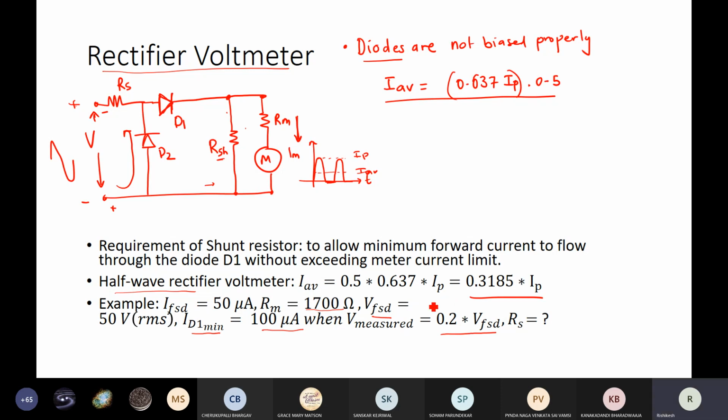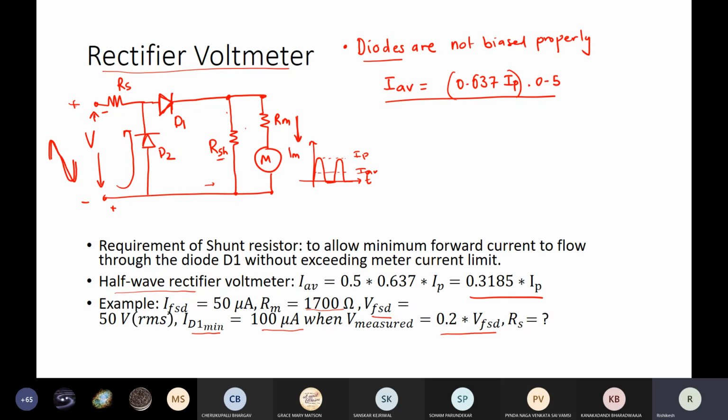We are asked to measure up to 50 volts, so 0.2 times that is 10 volts. What it means is that when we are measuring 10 volts RMS, the diode must be biased such that minimum 100 microampere is flowing through it. This is the specification given.